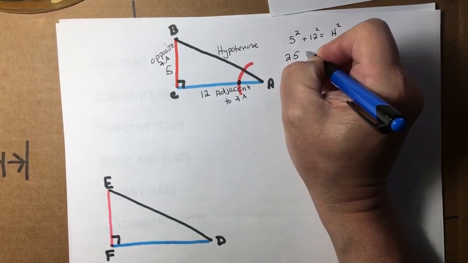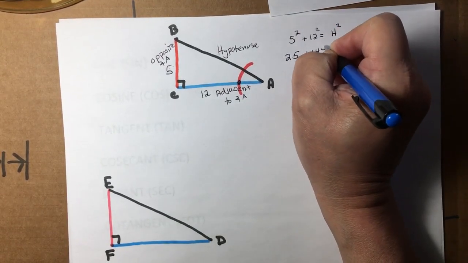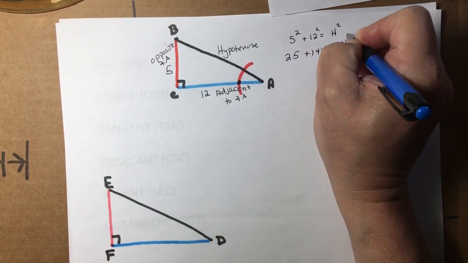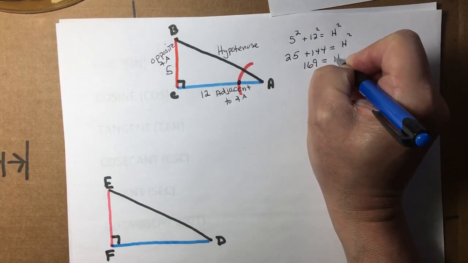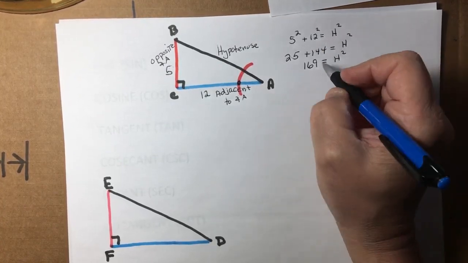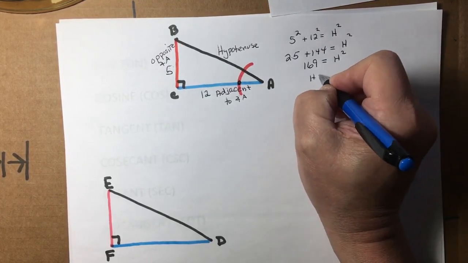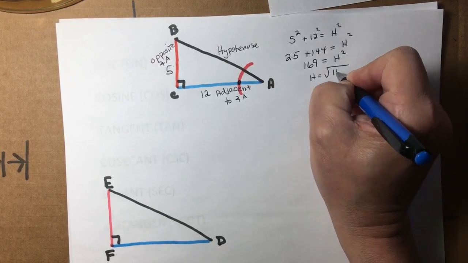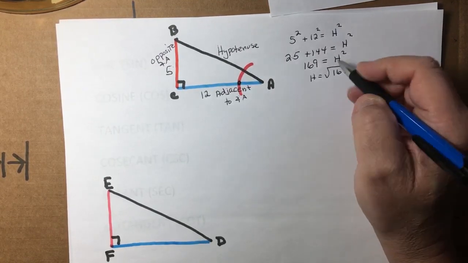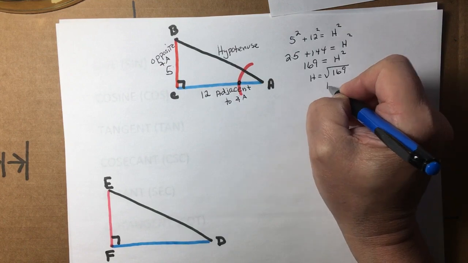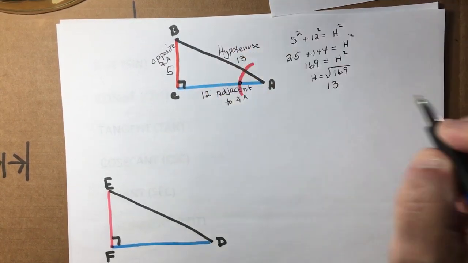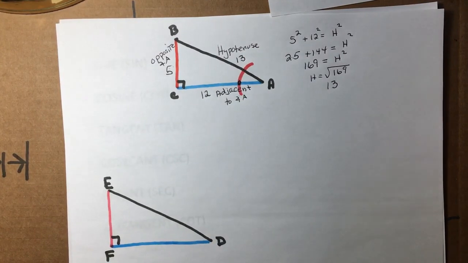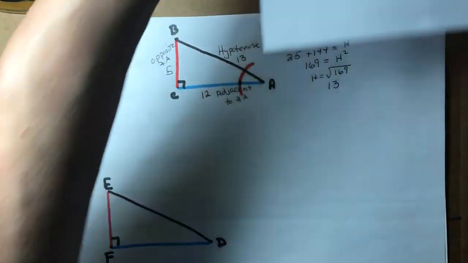So 25 plus 144 equals the hypotenuse squared. 169 equals the hypotenuse squared. Added those two together. And so the hypotenuse would be equal to the square root of 169. Figuring out what we squared to get 169, which is 13. So here the hypotenuse is 13. Okay. Now let's look again at our definitions here.